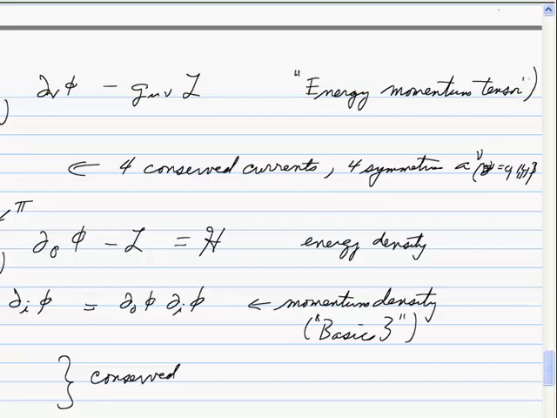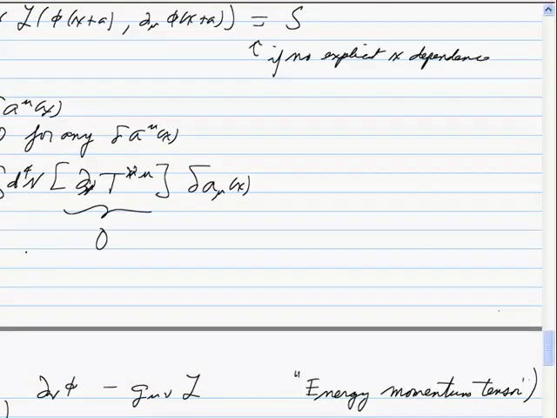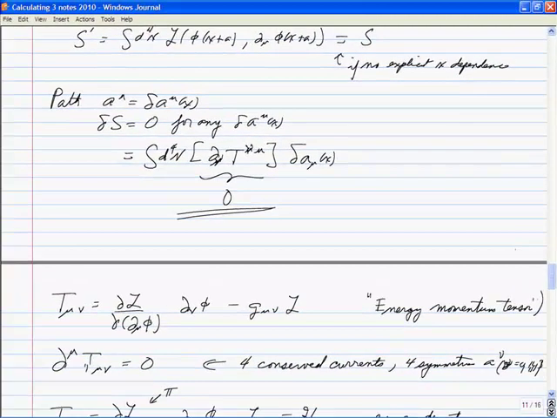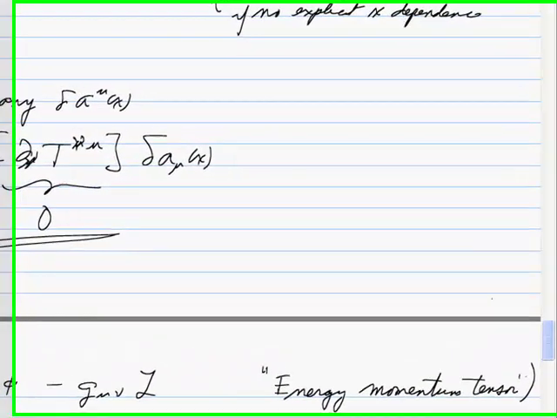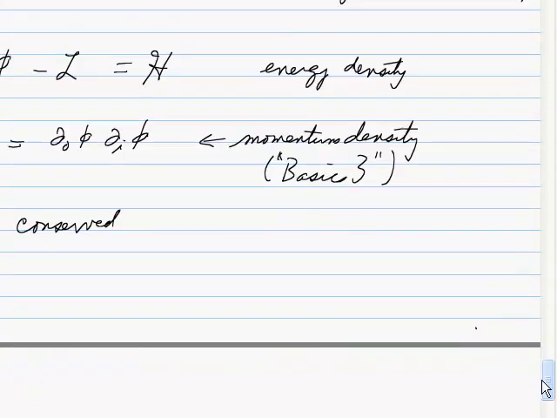Okay. So that's a quick derivation of it. It actually is a little bit more painful than the derivation we did to do the writing of the variation of the action in that particular form. But given what we've done, it should be obvious. It should be doable.